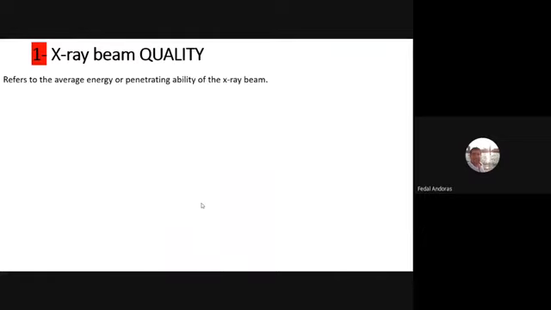So X-ray beam quality refers to the average energy or penetrating ability of the X-ray beam. Energy or penetrating ability. And this we talked about, it depends on wavelength. Wavelength determines the energy and penetrating power of radiation. We said X-rays have a short wavelength, high frequency, and high energy, consequently high penetrating power.